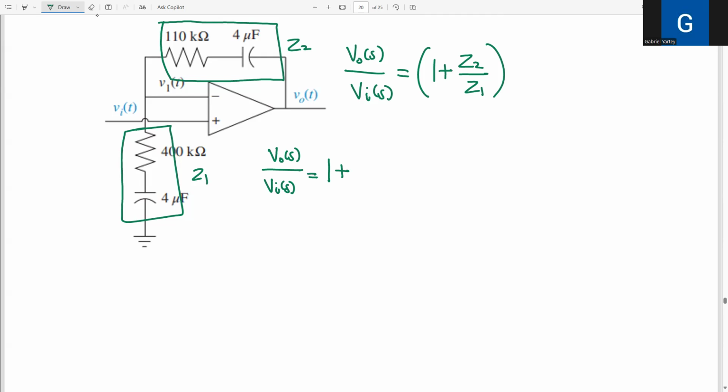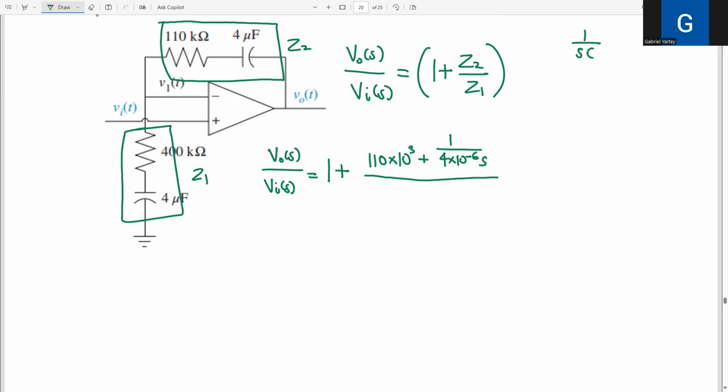It's the same thing. So you are going to get 110 times 10 to the power 3 plus, they are in series, the capacitor's Laplace impedance, which is 1 over SC, where C is the value of the capacitance here. So you get 1 over 4 times 10 to the power minus 6 S, all over the Z1. The Z1 is here.